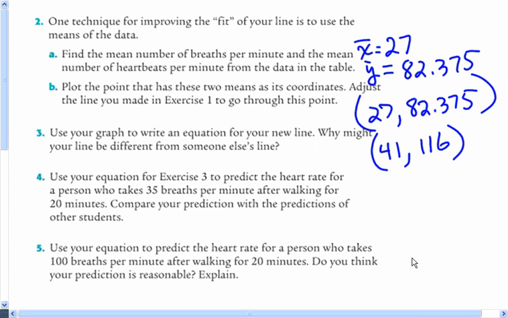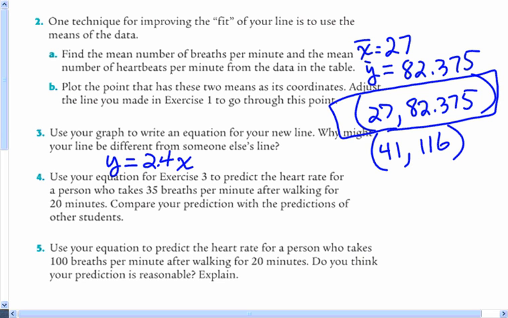So y is equal to 2.4x. And now I got to find the y-intercept. And I want to use this point to find the y-intercept because I want to make sure that value is part of it. So I'm going to use the slope of 2.4.